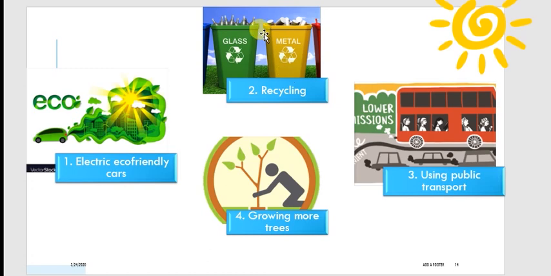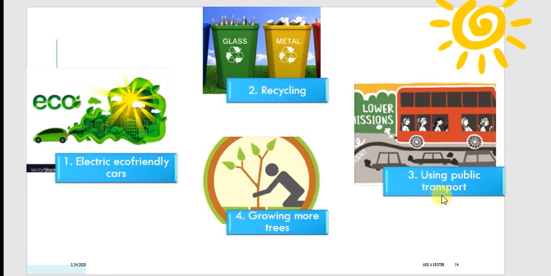It's technically reusing the glass, metal, plastic, and every material that can be used again. Instead of using new material from nature and from the environment, it will be more effective to recycle the material that is already used and that we got rid of, like glass, metal, plastic, every kind of material that can be recycled or reused again.